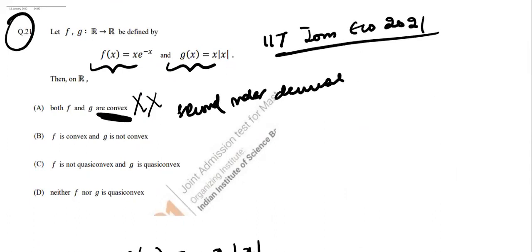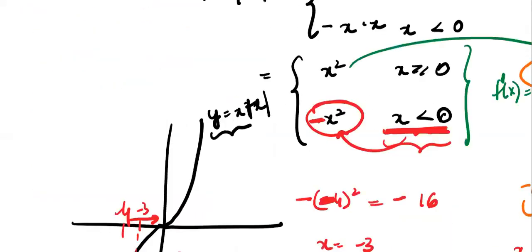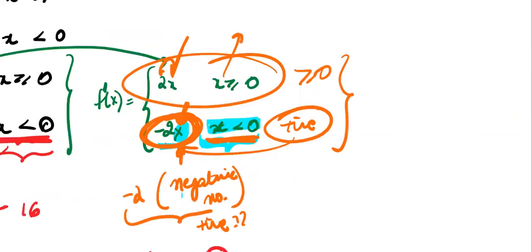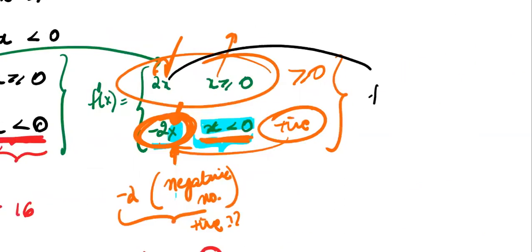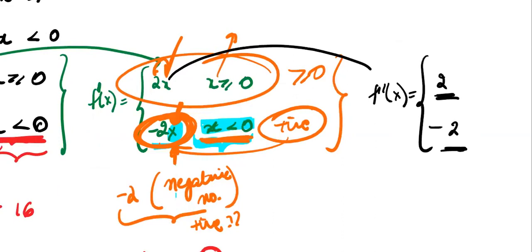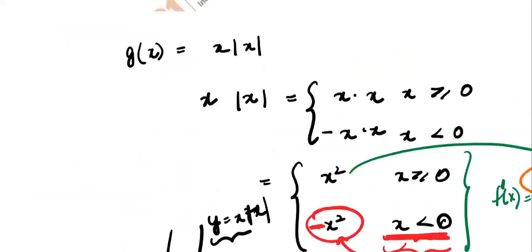So the answer is no, this is not convex. And I proved for this also that it is not convex or concave, because the second order derivative f double dash x would be 2 and minus 2. So it would have different signs. So no.